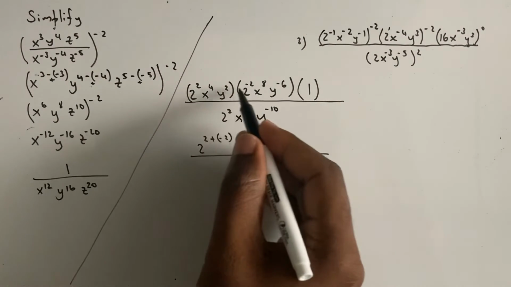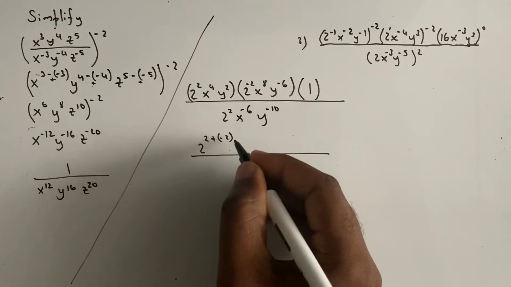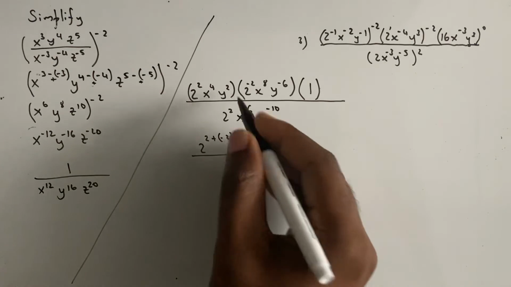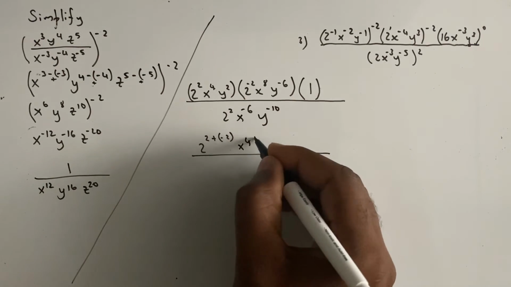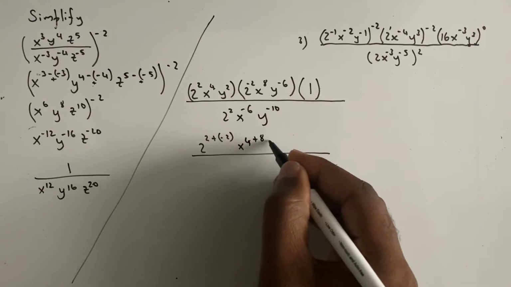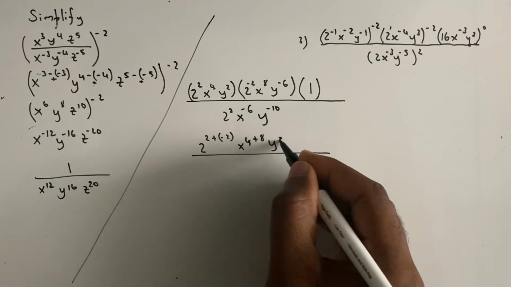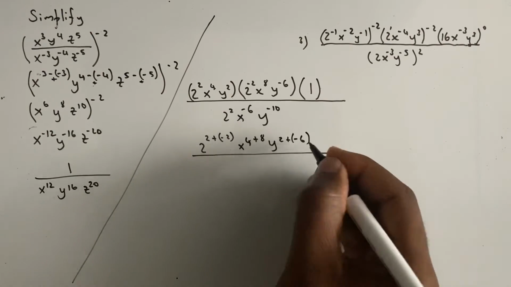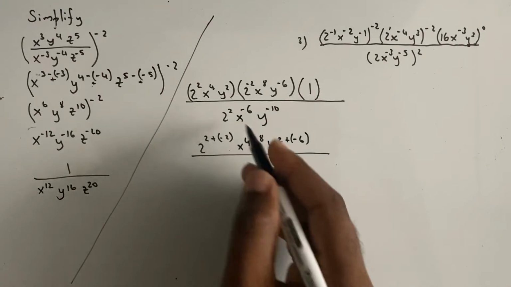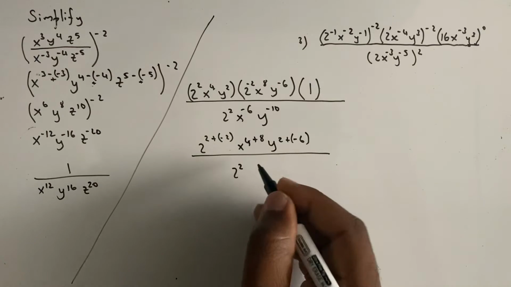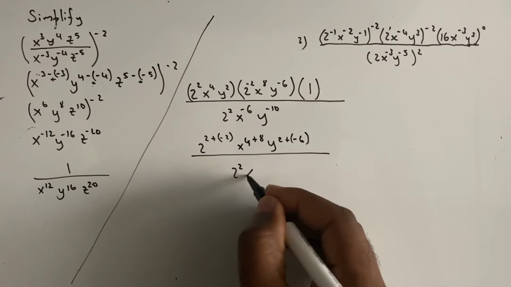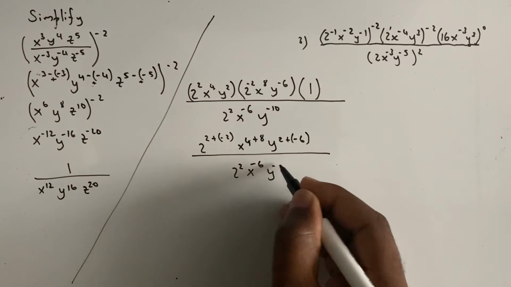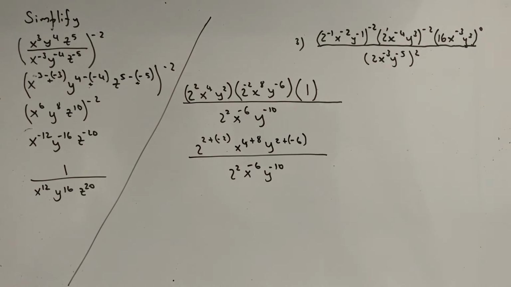So it's then 2 to the 2 plus negative 2, and x to the 4 plus the 8, and y to the 2 plus the negative 6, over 2 to the second here. I'll leave it as 2 to the second for now. Doesn't really matter. And x to the negative 6, y to the negative 10. And we keep going.